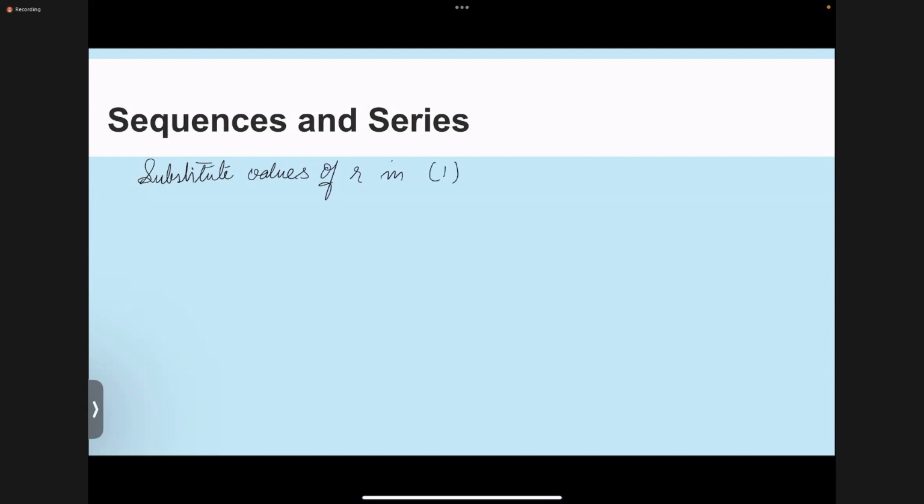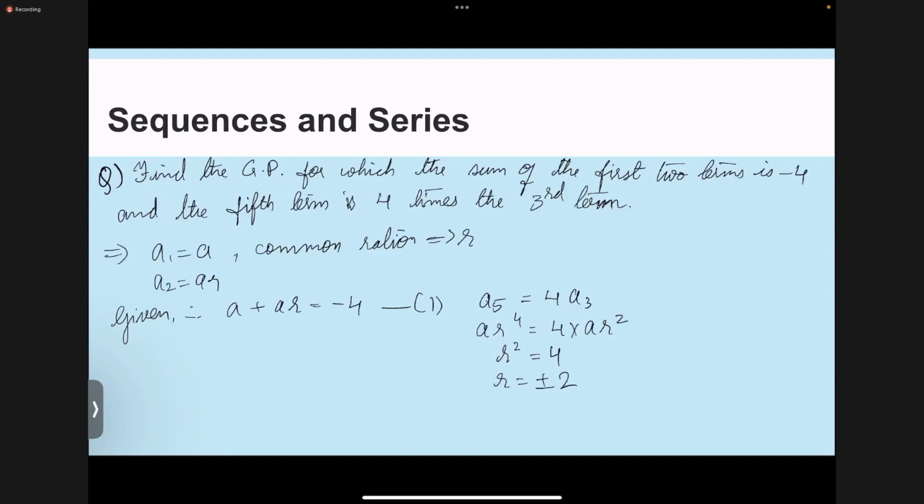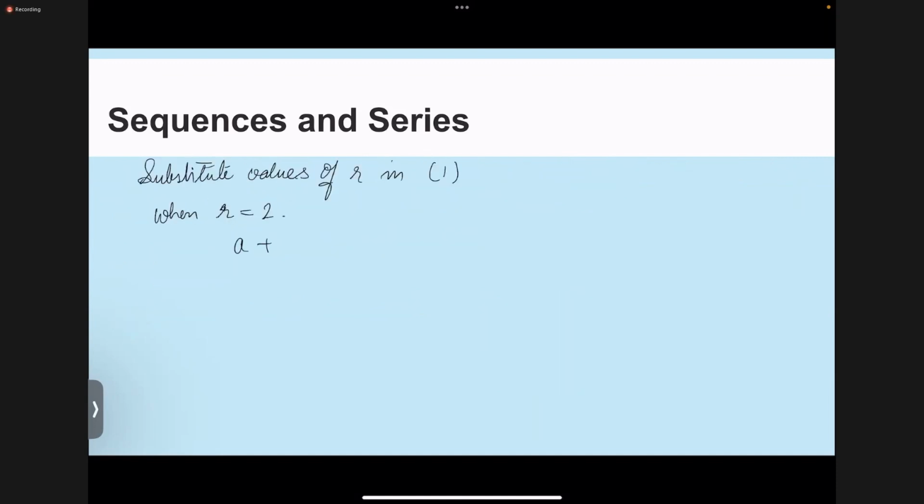Okay, so when your R is equal to 2, suppose we take the positive one, you have A plus AR, so you will have A plus 2A, because our R is 2, and this is minus 4. So you can write this as A times 1 plus 2, which is 3A, and this is minus 4.